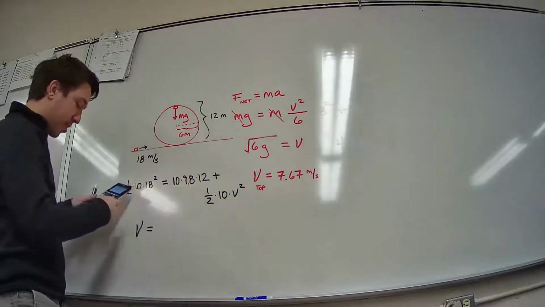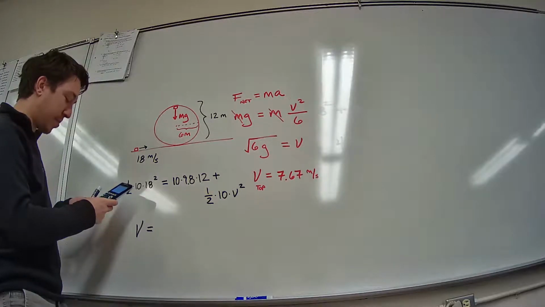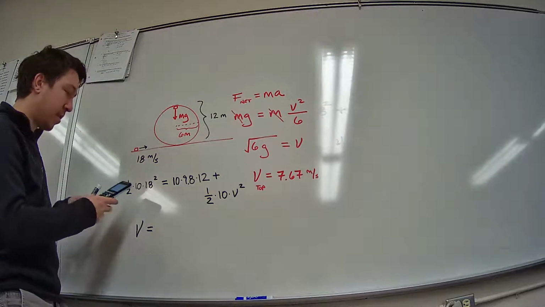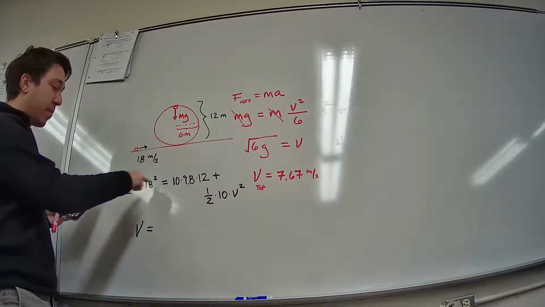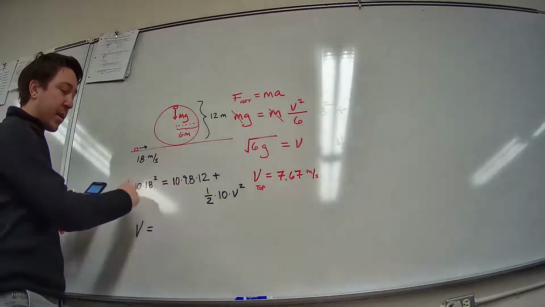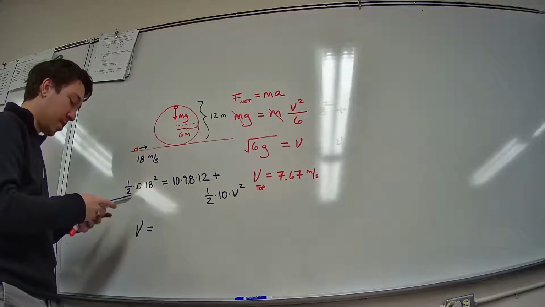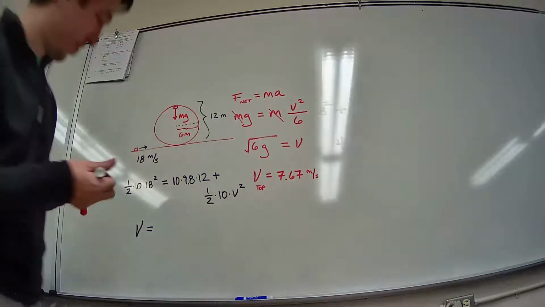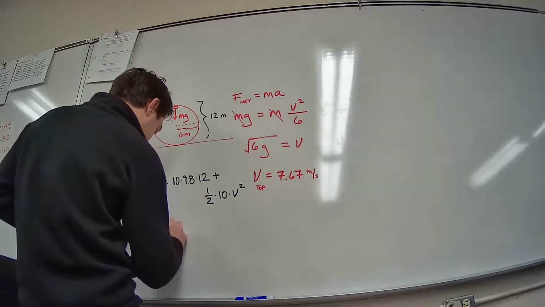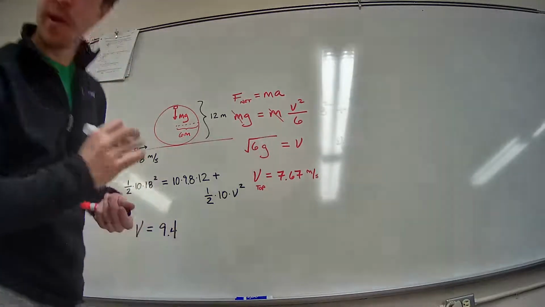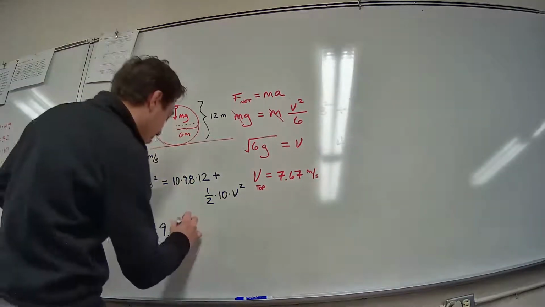Then I subtract this number, so minus 10 times 9.8 times 12. So I have 444 on the left side now after subtracting that. Then I divide by 5, and I take the square root, and I get 9.4 roughly. 9.42 if you want to go 2 decimal places.